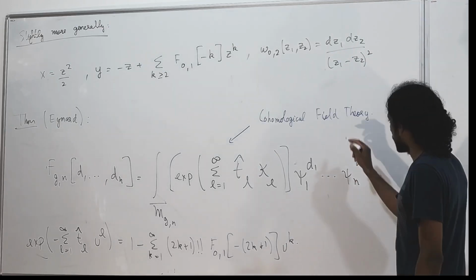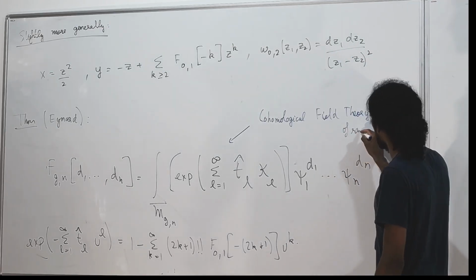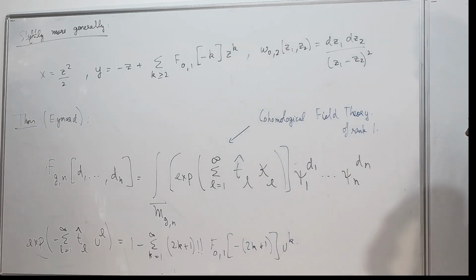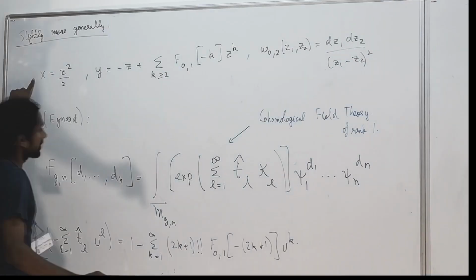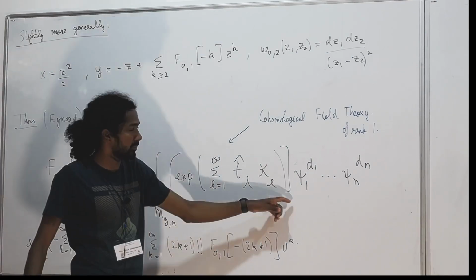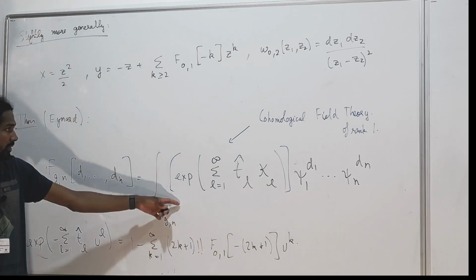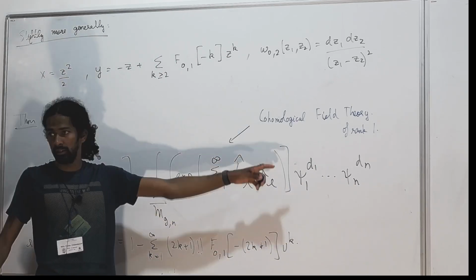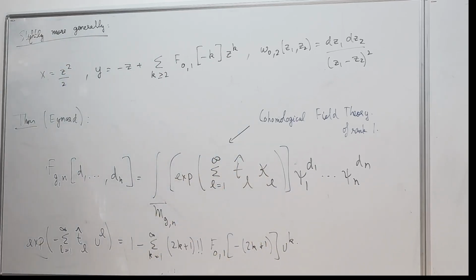And if I had a spectral curve with more ramification points, the thing that I should put here, before putting these psi classes, would be a cohomological field theory of higher rank. It's more complicated, which is why I didn't really have a chance to talk about it.